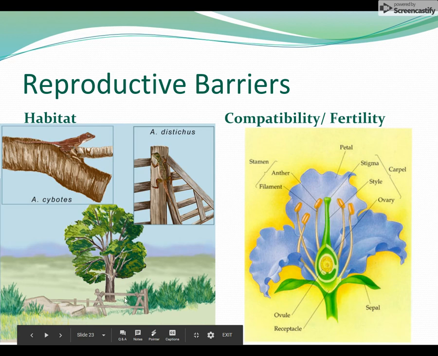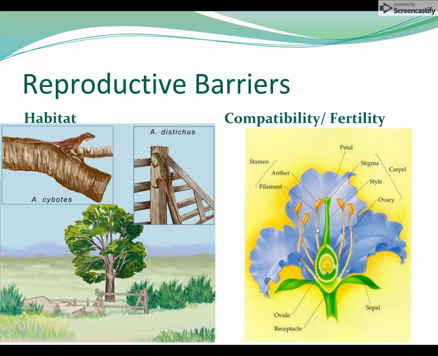They're never going to interbreed because they don't live in the same habitat. Then we have compatibility and fertility. Compatibility speaks to the organism's parts just not fitting together, and fertility is about the offspring not being fertile. All right, I'm running out of time, so we'll finish up the last couple of topics in the next video.